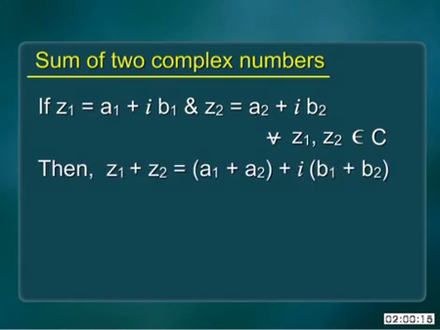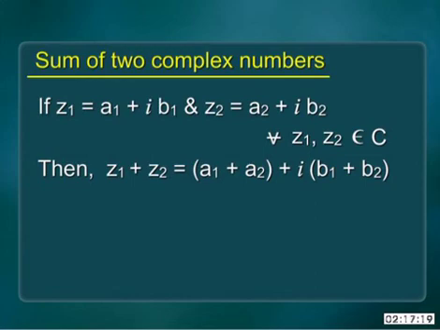Then the sum of these two complex numbers, that is Z1 plus Z2, is equal to the sum of their real parts plus iota into the sum of the imaginary parts.